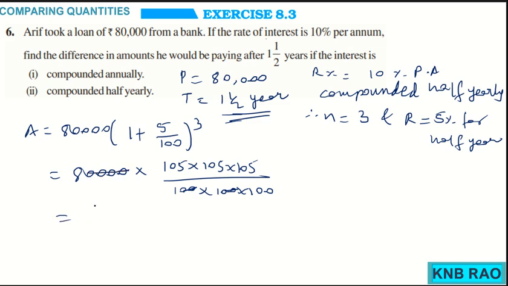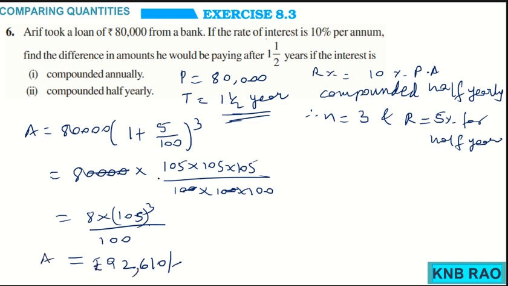Now you can multiply 8 into 105 whole cube and divide by 100, which means you can do point shifting. On simplification, you will get 92,610 rupees. So this is the amount to be paid when compounded half yearly for 1.5 years.